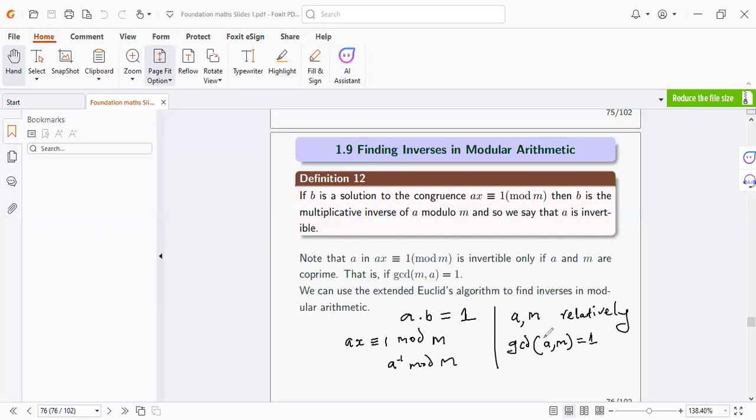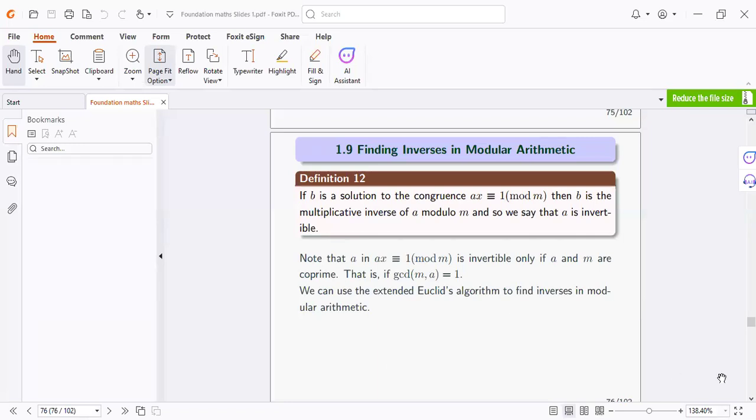We can use the word relatively prime, or we can use the word coprime. So I think that is what we need to know, so that we now begin to find inverses.